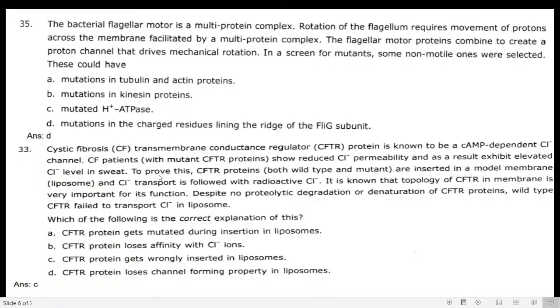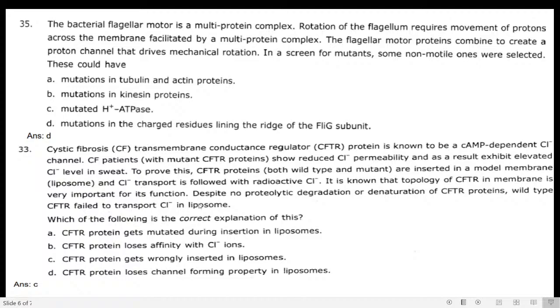To prove this, CFTR protein is inserted in a model membrane and Cl- transport is followed by radioactive Cl-. It is known that the topology of CFTR in the membrane is very important for function. Despite no proteolytic degradation or denaturation of CFTR protein, wild-type CFTR failed to transport Cl- in the liposome.